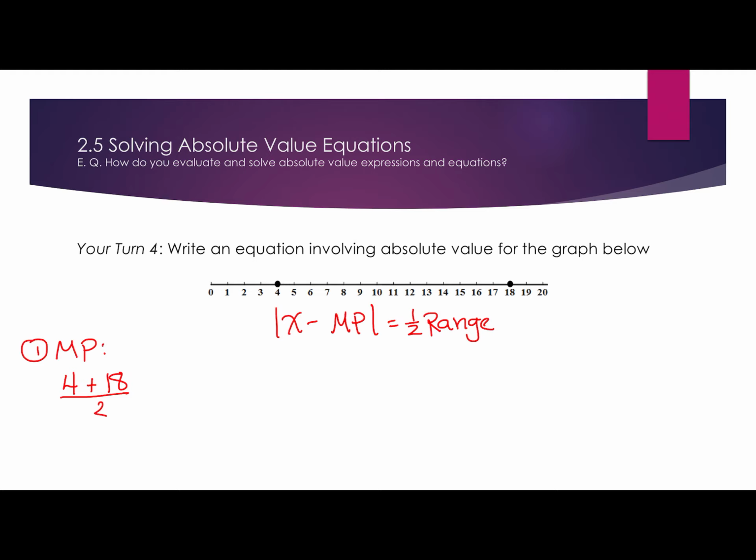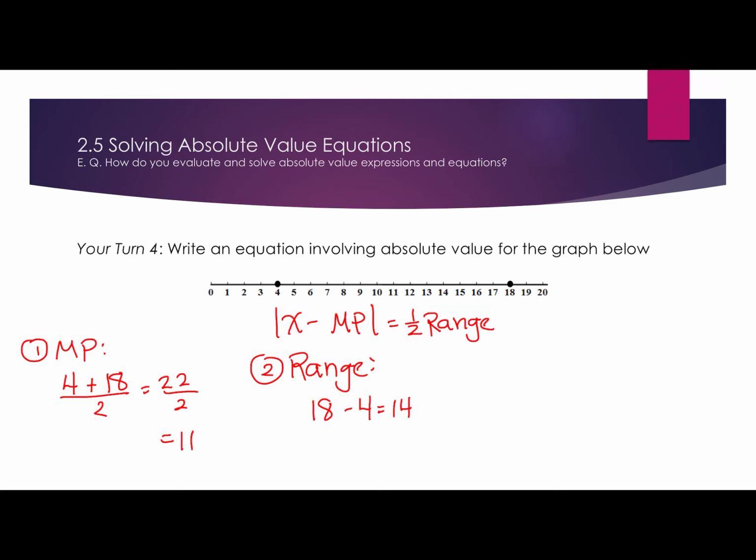So 4 plus 18, we get 22 divided by 2, so our midpoint is 11. Second thing we have to find is our range. So simply subtract our two endpoints. So 18 minus 4 is 14.